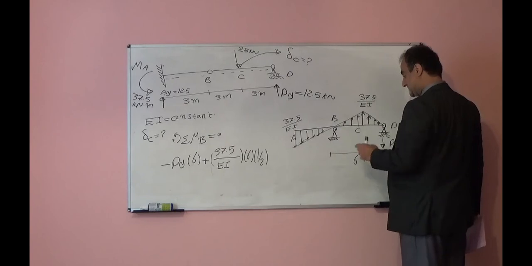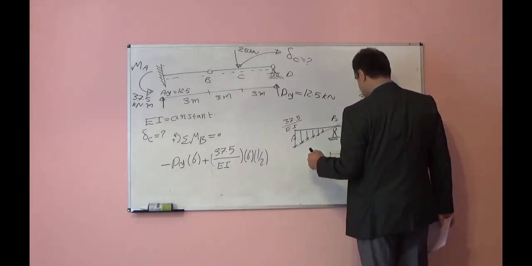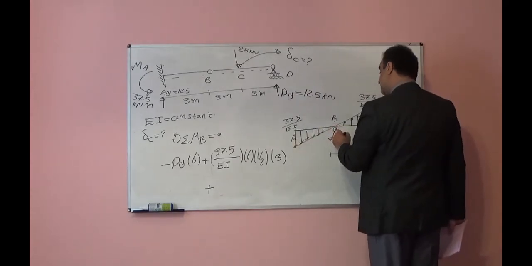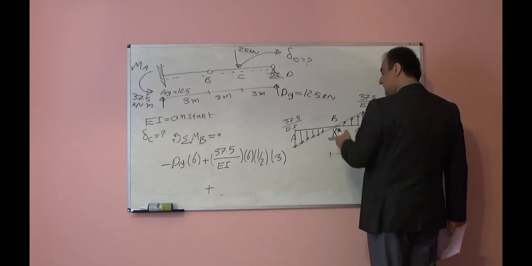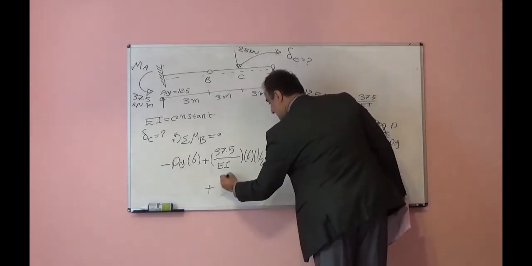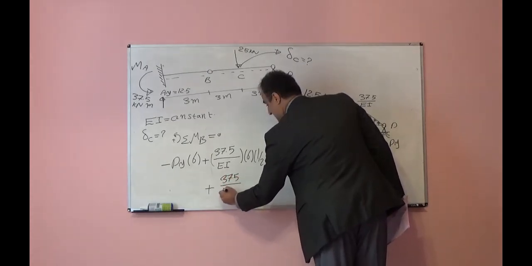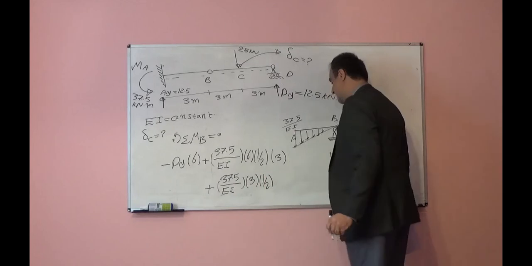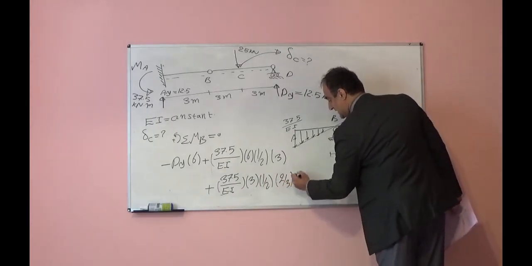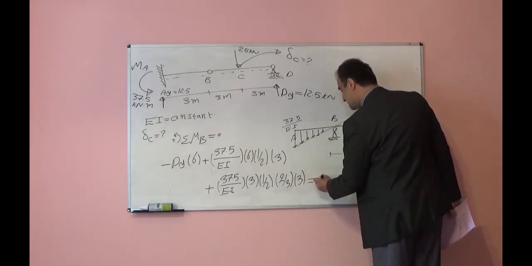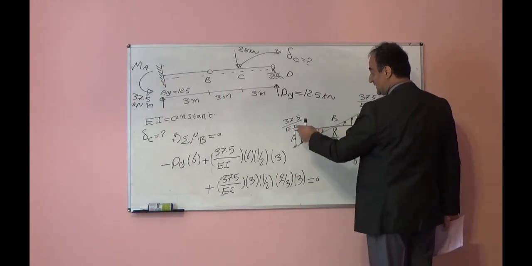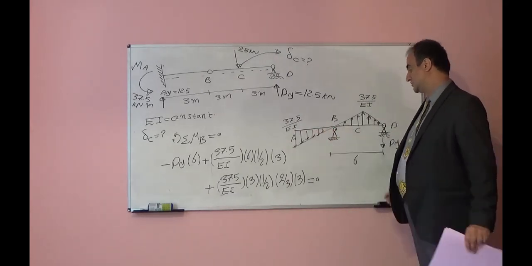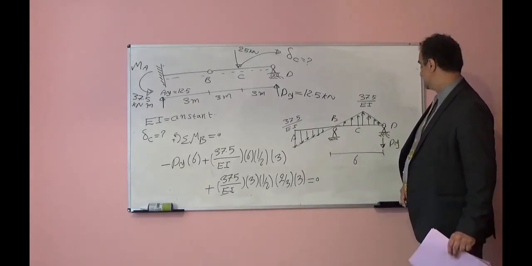Because it is a symmetrical triangle, the centroid should be at point C, times the distance from centroid to point B, it will be 3, plus the moment created by this triangle load with respect to point B. Again, it wants to rotate this beam counterclockwise, so positive, 37.5 divided by EI times 3 times half, this is the area, times 2 over 3 times 3, is equal to 0. The centroid distance up to point B will be 2/3 of L, so 2/3 times 3. You can find dy from there.